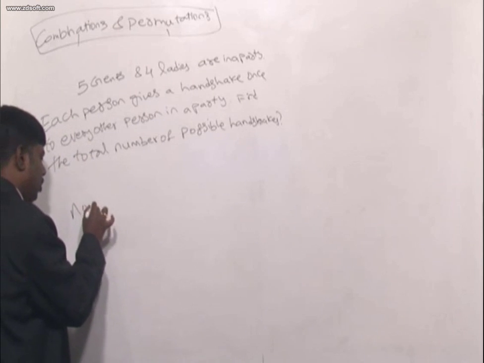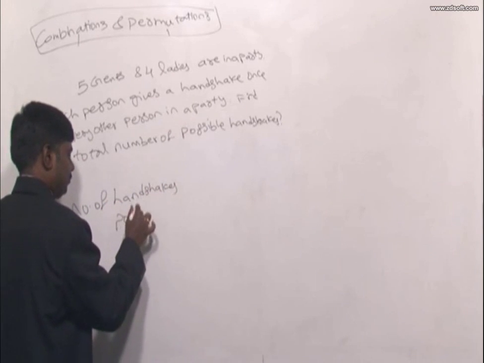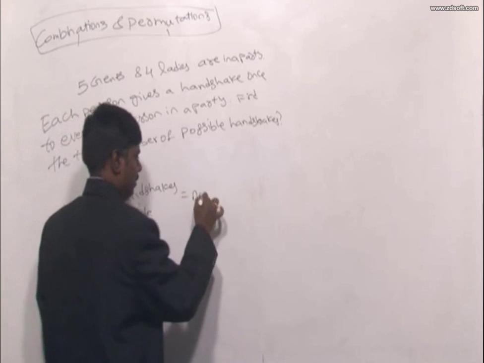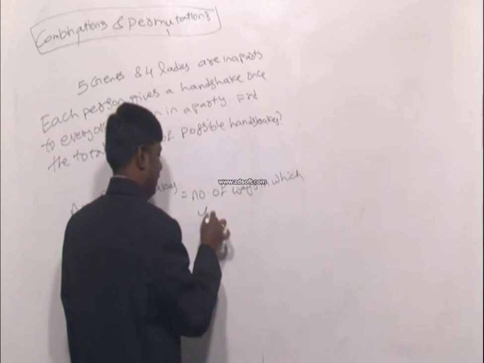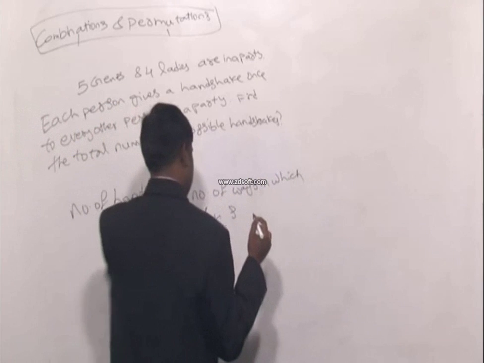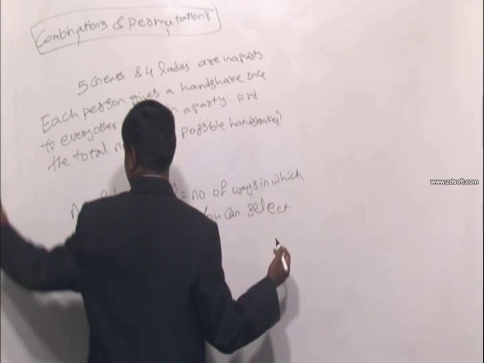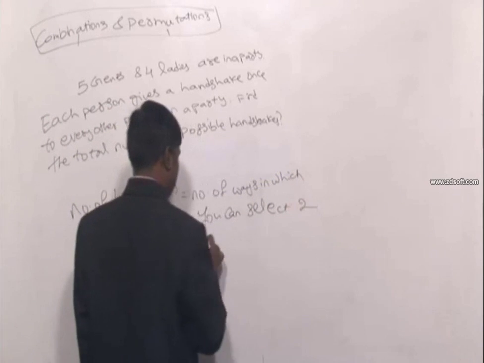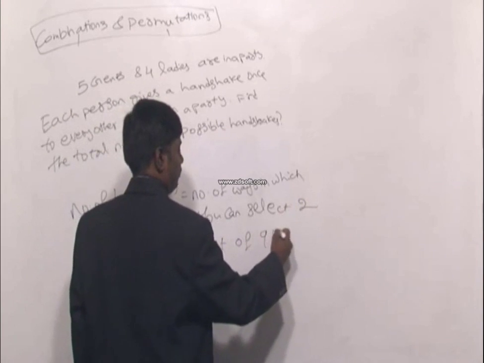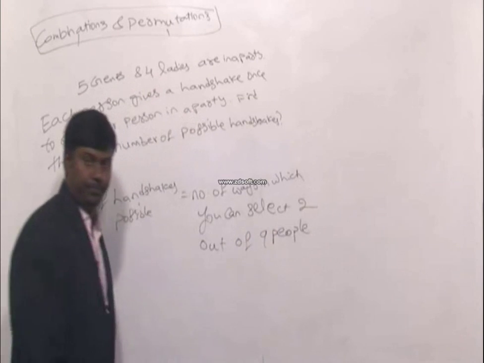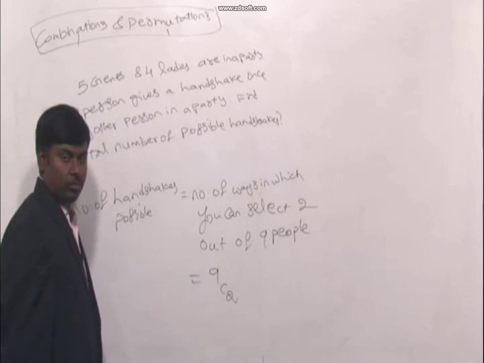So, number of handshakes possible is as good as number of ways in which you can select two out of 5 gents and 4 ladies, that is 9 people, which is nothing but 9C2, right?